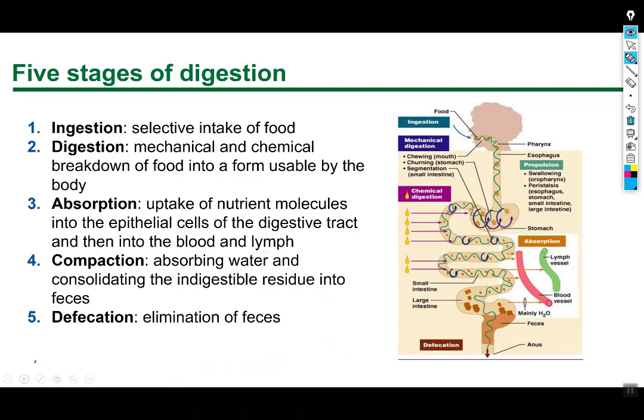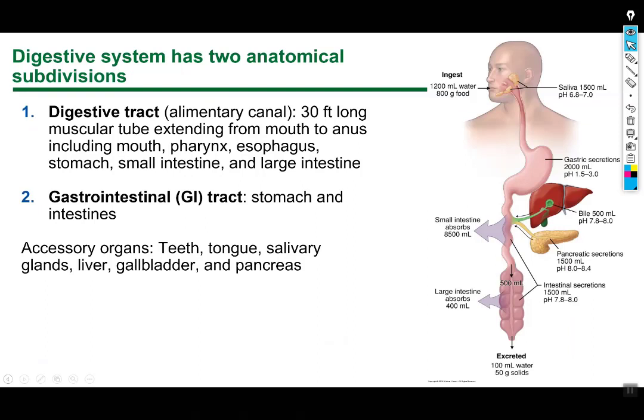Compaction is basically reclaiming water from what you've eaten and the water that you yourself contribute to your own digestive lumen. So if we go back a slide, which I'm going to do really briefly, you'll actually see if you look carefully that you're secreting water into your own gastric and intestinal lumen.